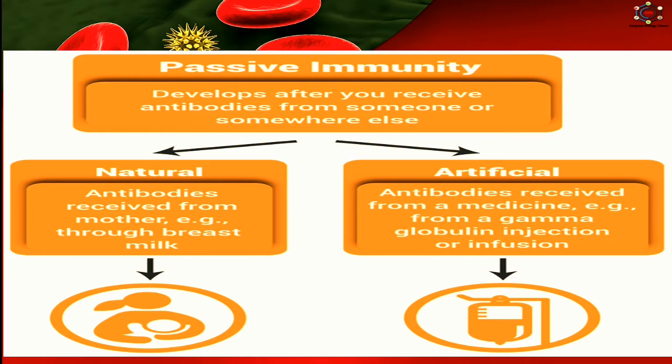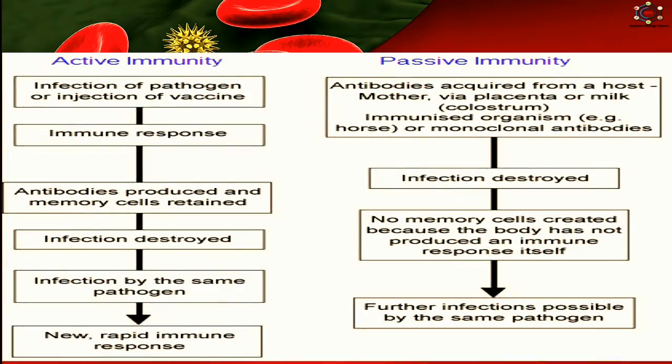Passive immunity develops after you receive antibodies from someone or somewhere else, and it is also of two types, natural and artificial. Natural is like the antibodies received from the mother, for example through breast milk, and artificial is antibodies received from a medicine, for example a gamma globulin injection or infusion. So this is all about active and passive immunity.